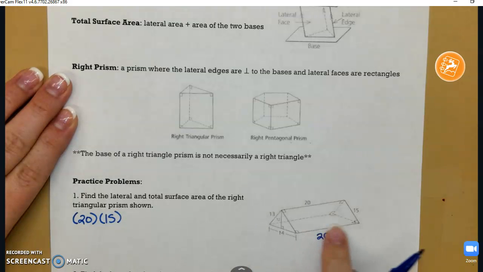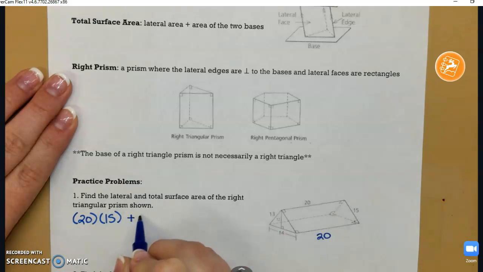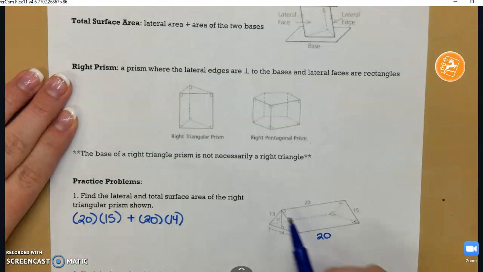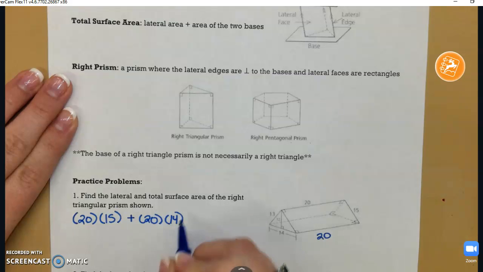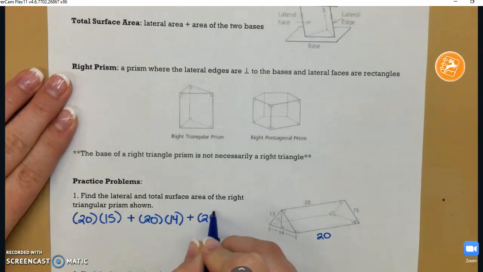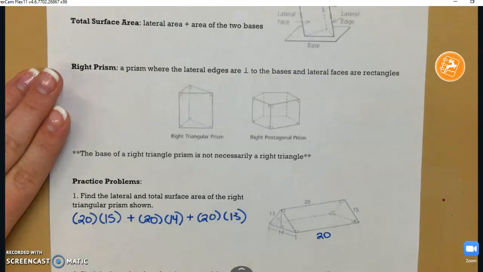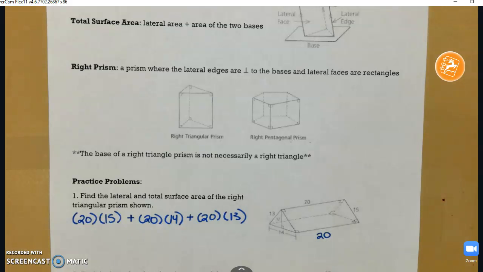So 14 by 20 is the length of this bottom rectangle. Okay. And then our last rectangle that's kind of on this back side is 13 by 20 because we're labeled that this side is 13. So 20 by 13. So that's the area for each of those rectangles, and the sum of them is going to be our lateral surface area, and that's going to be 840.